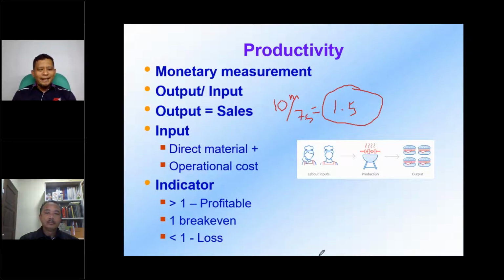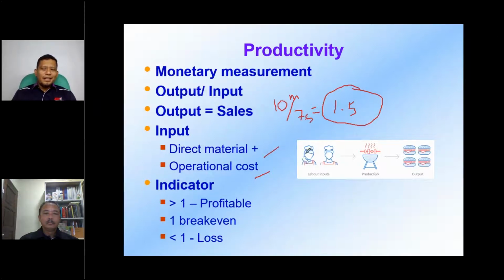So it means that our company is making profit on that month. Because this 7.5 million is the cost of direct material, the electricity cost, the labor cost, the consumables. In other words, we are making 2.5 million profit. So 1.5 means that we are making profit.